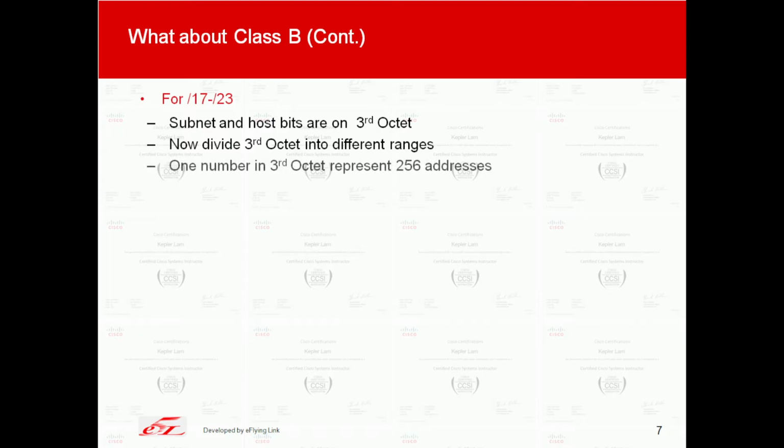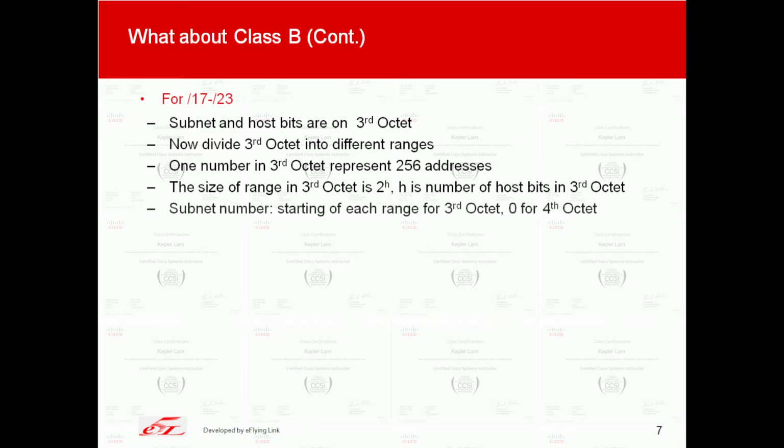But notice that one number in the third octet already represents 256 addresses, because the fourth octet can vary from 0 to 255. Now the range size in the third octet is again 2 to the power h. But notice that this time h is the number of host bits in the third octet.